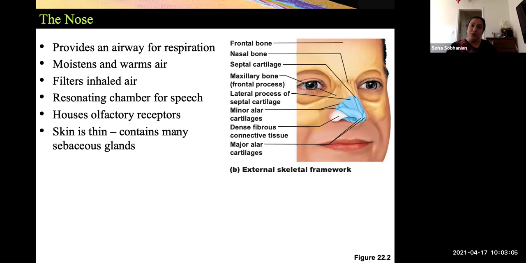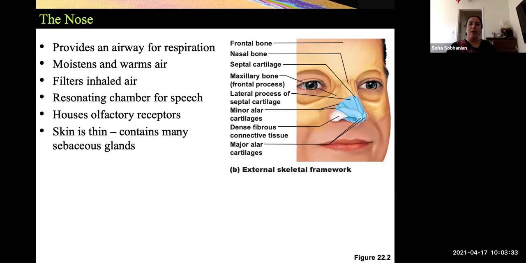What I do want you to know for nose is that nose and nasal cavity together carry three main functions. And these are the functions that I want you guys to know. So they first moisten the air. So that's one of the functions they have. So basically what you do is you're adding water molecules as the air moves into your respiratory system.